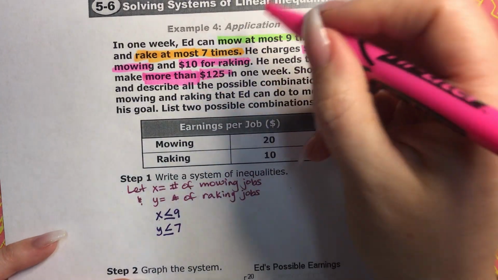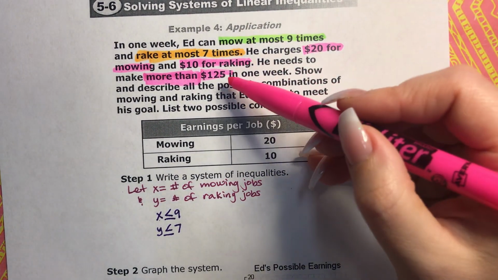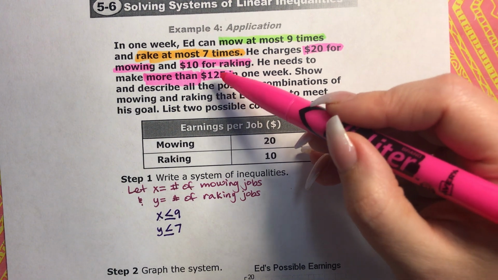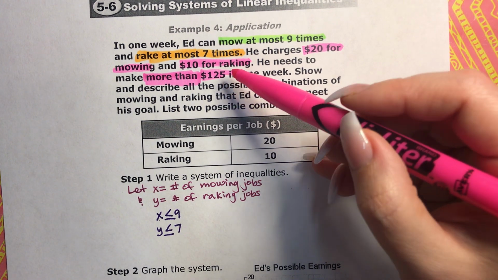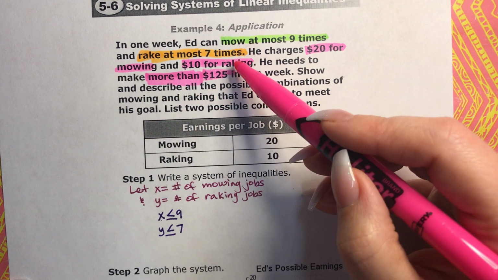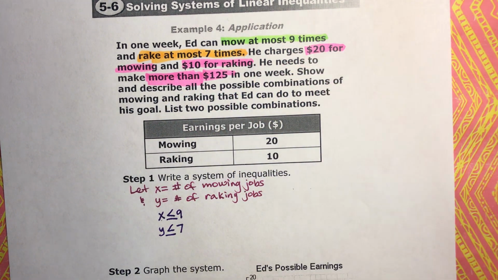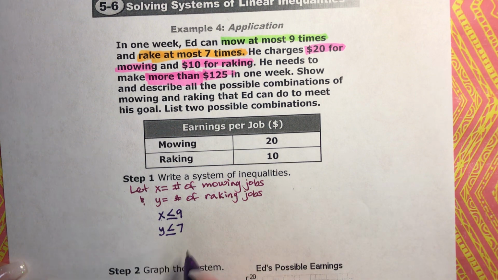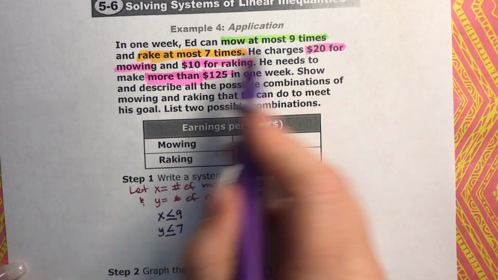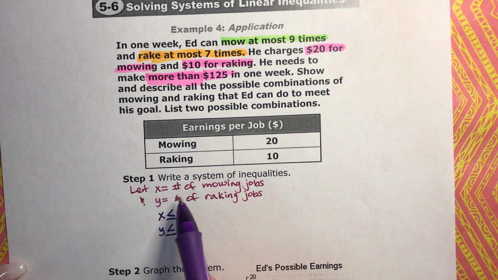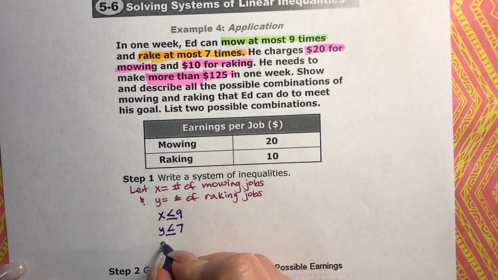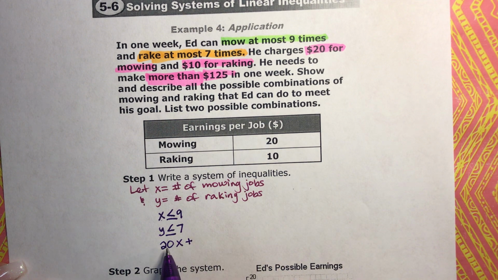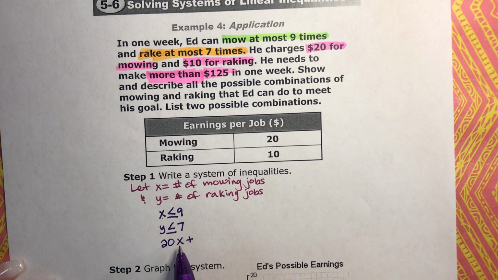So he needs to make more than 125, and the 125 is made up of the mowing jobs and the raking jobs added together. To write this inequality, that's going to be 20 with the mowing jobs, which is X, so 20X plus, because he makes $20 per mowing job.